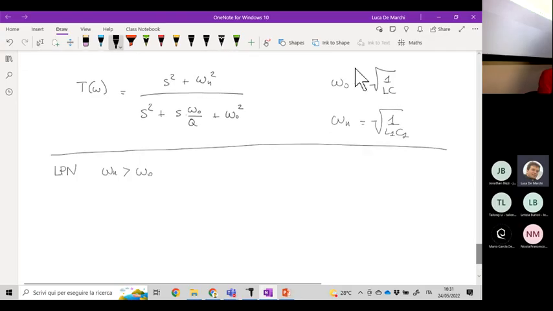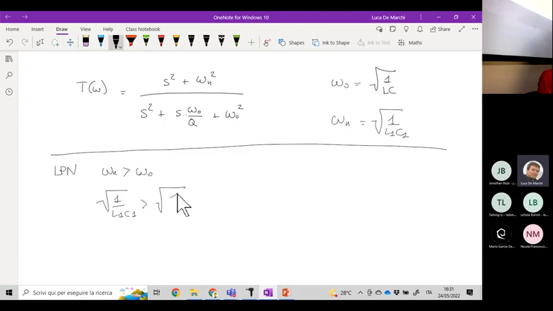Well, we have to apply this formula to this inequality. So basically we have that the square root of 1 over L1 C1 must be larger than the square root of 1 over LC. These are both positive values, so we can cancel the square root and flip numerators and denominators.